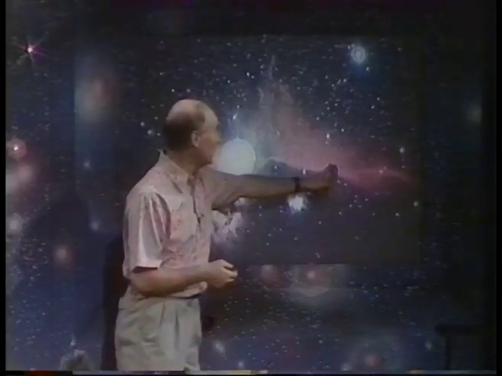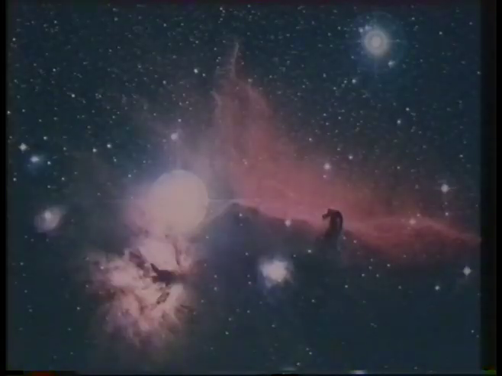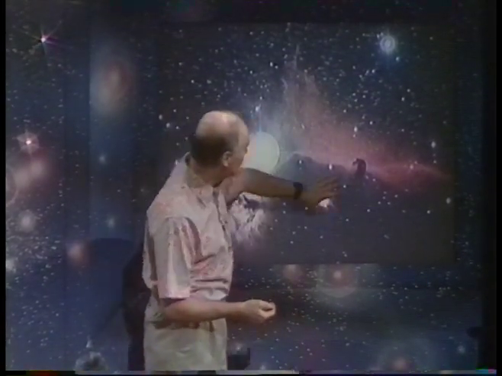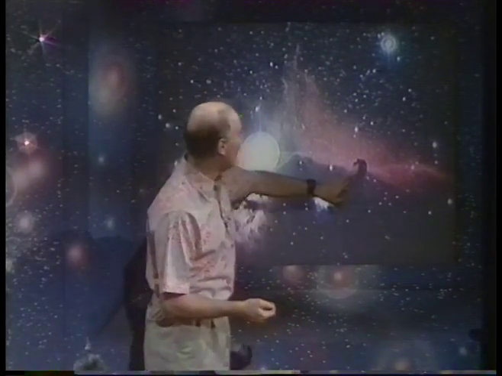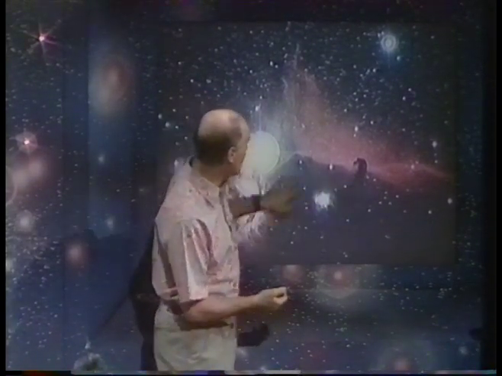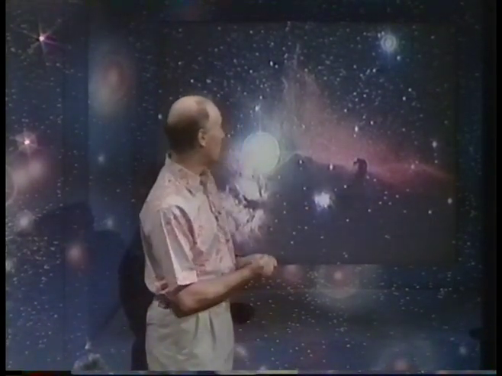And although the Horsehead looks very beautiful, in fact, it's just dust, which is obscuring what there is behind it. And in fact, there's a huge dust cloud here, which is why we see so few stars in this region. And the Horsehead Nebula is simply one bit of dust, a dust cloud, which is bubbled out of this large region of dust.